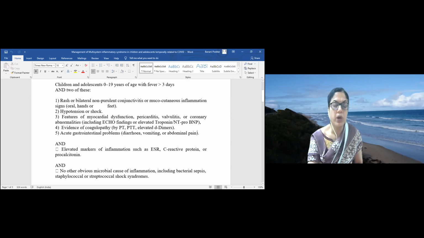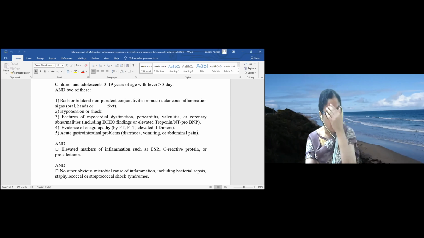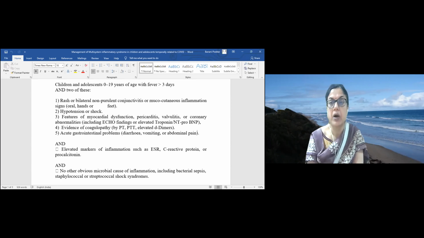So mostly what we are getting is fever, rash, and all of you must have attended that very interesting presentation by Dr. Suresh from PGI Chandigarh, where he had highlighted all the clinical features and the lab markers that they had seen. So elevated markers of inflammation, ESR, CRP, ProCal is a must.